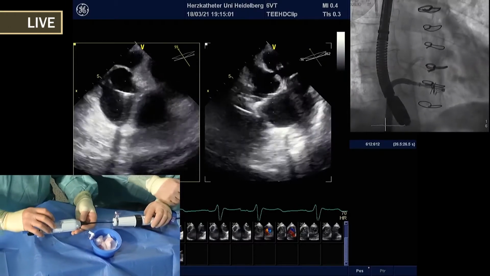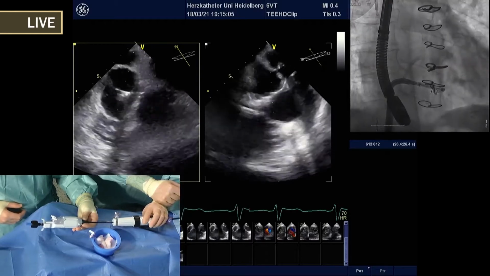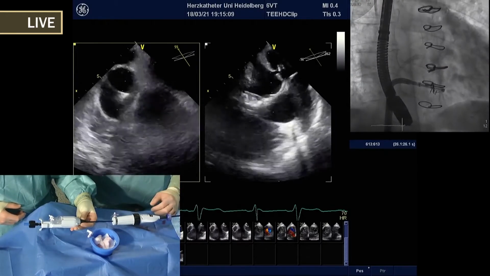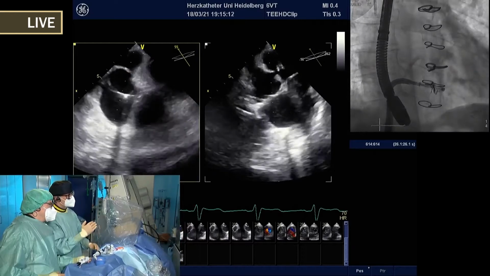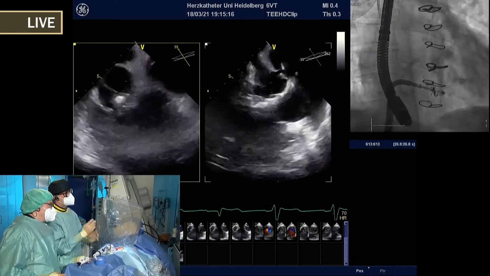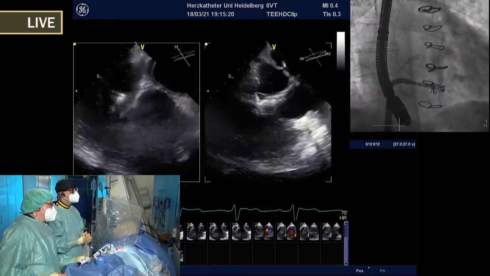So what we can do is a leaflet optimization. So what we do is that we try to get a little bit more anterior, and we open the anterior clasp and try to get a little bit more leaflet into the device. Sometimes you lose the leaflet, so you have to redo the maneuvers you did before.